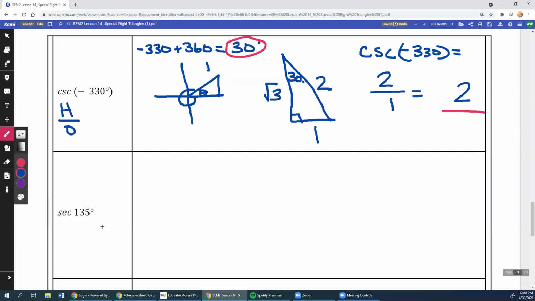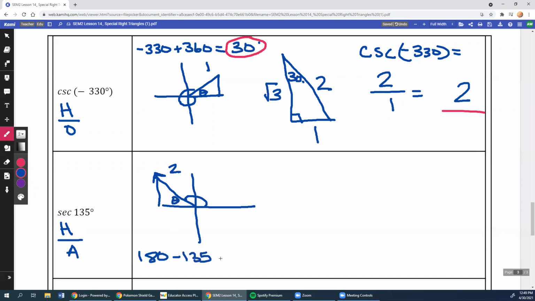Next, secant of 135. Secant is going to be hypotenuse over adjacent. So draw our angle. 135 lands us in quadrant 2. And since it's positive, and in quadrant 2, we're going to do 180 minus 135.